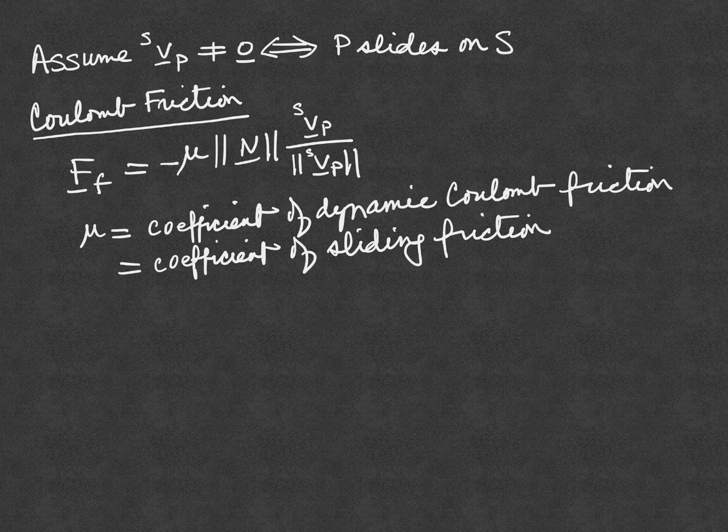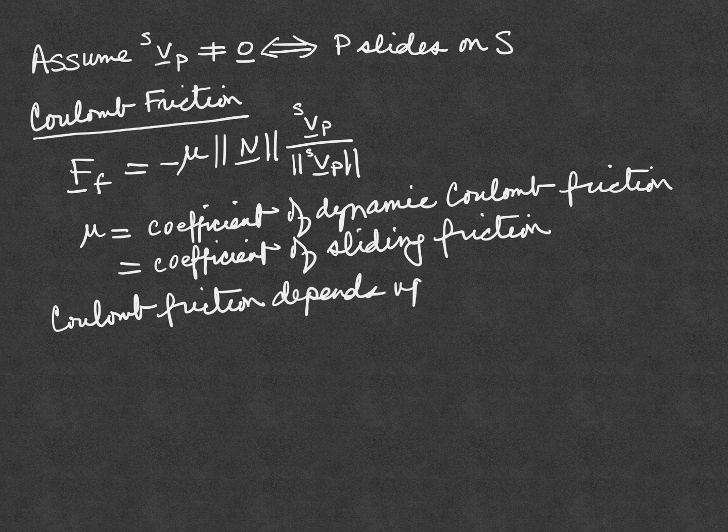Now, that's the first model. That model is proportional to the normal force. So you'll notice that Coulomb friction depends upon the magnitude of N. The second model for friction is what's called viscous friction.